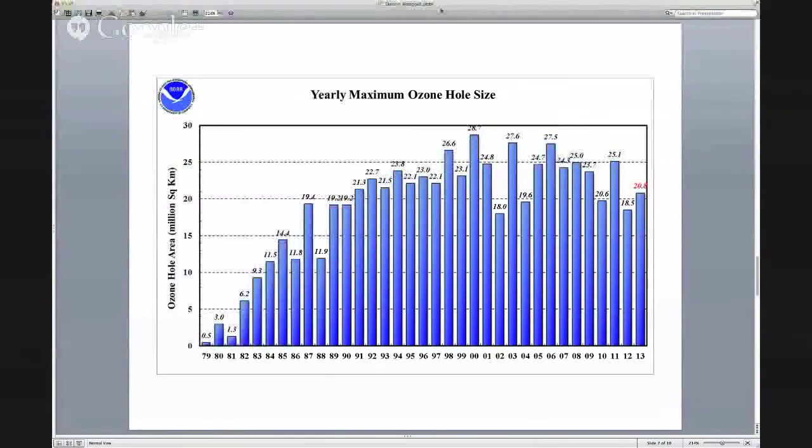That's correct. The ozone hole is not only a result of ozone depleting chemicals, but it's also regulated by the meteorology that's going on in the stratosphere at the time. So the size of the ozone hole and the shape can vary quite a bit from year to year.